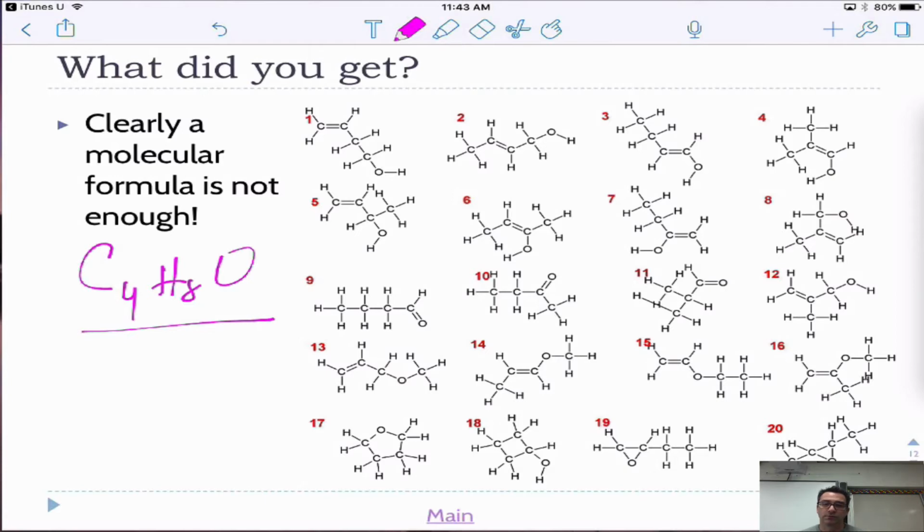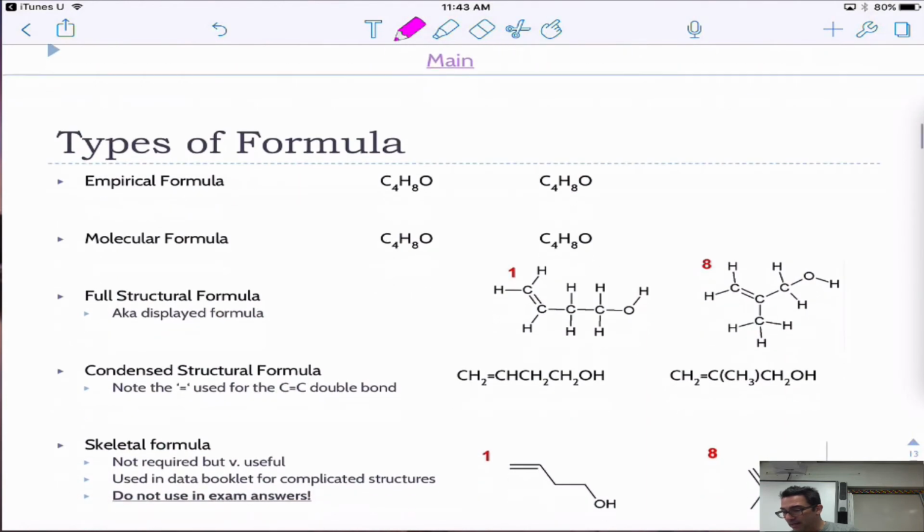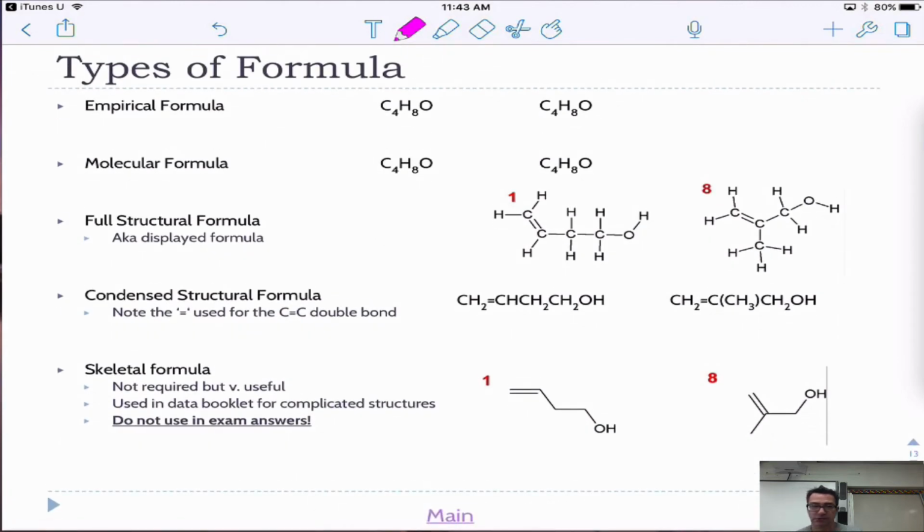The structure gives you so much more information. I could even take this and make it into a skeletal formula. So here's just comparing all of these things, and on the next page I show you all the skeletal formulas. But here's C4H8O, and the empirical formula in this case, the molecular formula, is the same. But now they could have different structures.